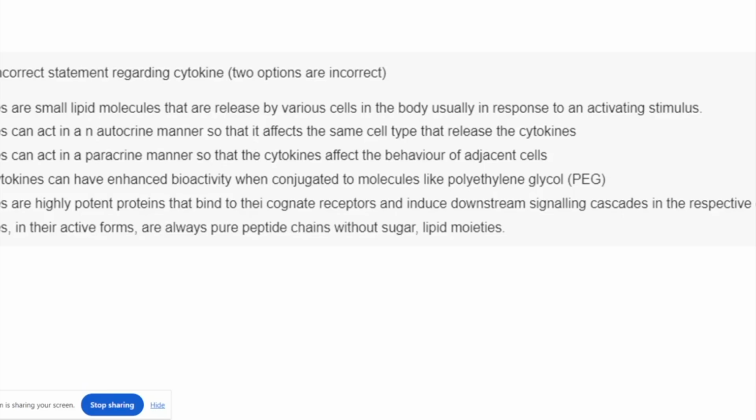You have to select two options that are incorrect here. First option and the last option. Okay.